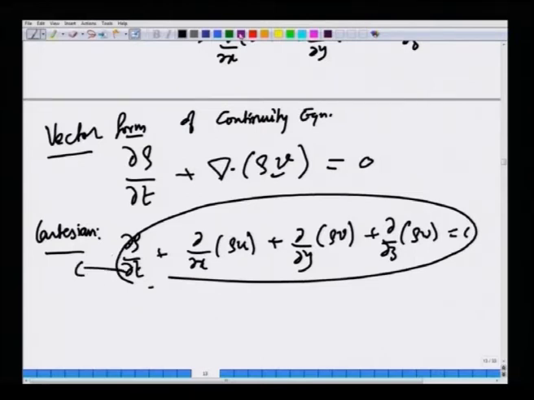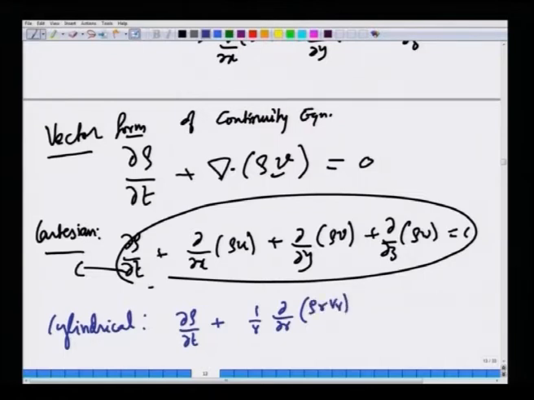If you want to write it for a cylindrical coordinate system, the form will be slightly different. For cylindrical coordinate systems, we will have d rho dt plus 1 over r d dr of rho r v r plus 1 over r d d theta of rho v theta plus d dz of rho v z, where v r, v theta and v z are the components of the velocity along the 3 cylindrical coordinate directions r, theta and z.